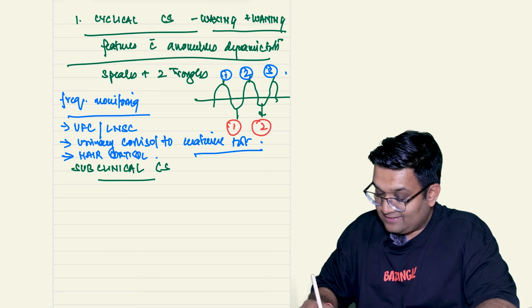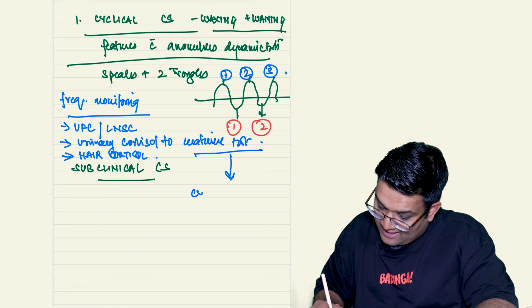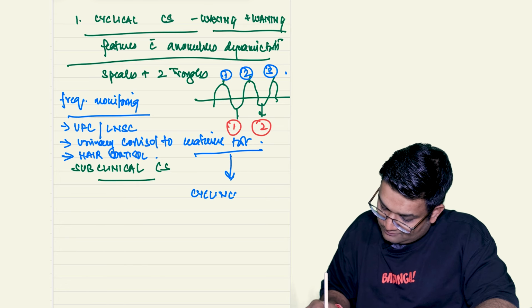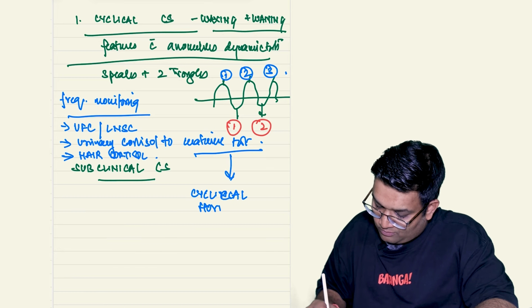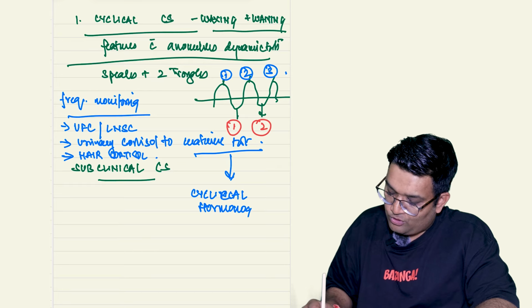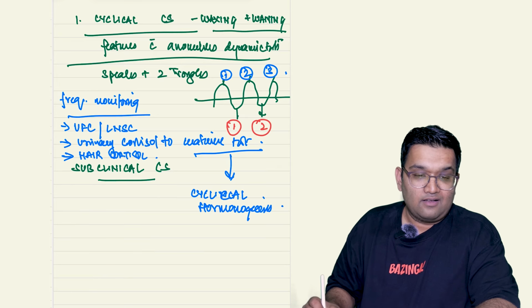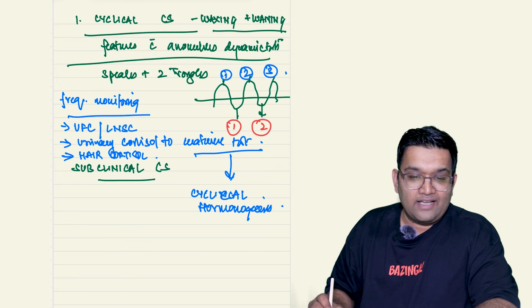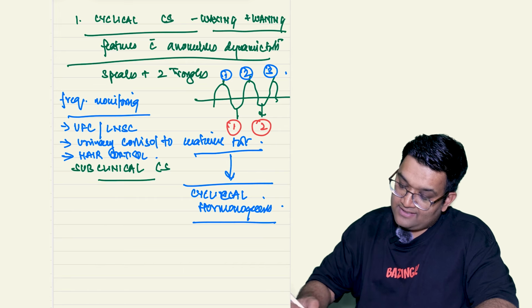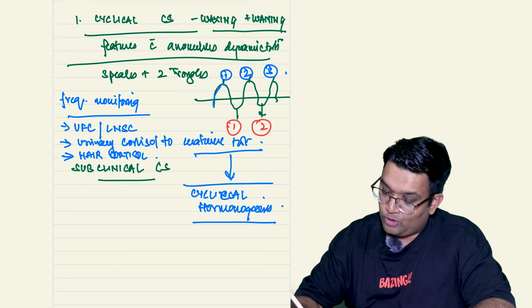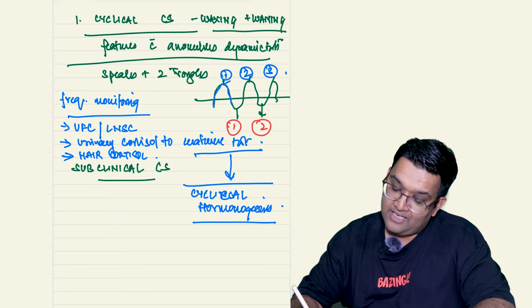And why this occurs is because of cyclical hormogenesis. So sometimes there is an increase in the production, so there may be a peak here.